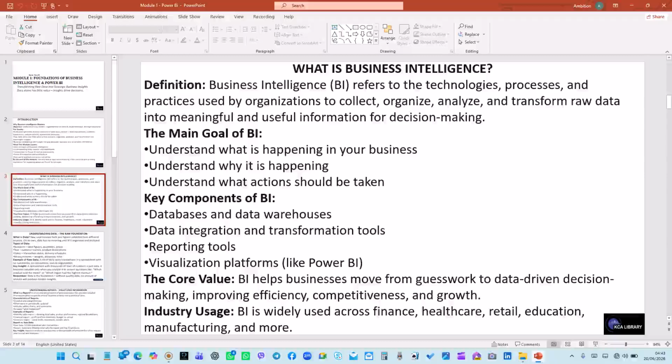The core value is that business intelligence helps businesses move from guesswork to data-driven decisions, improving efficiency as well as competitiveness and growth. The industrial usage: BI is widely used across finance, healthcare, retail, education, manufacturing, and more.